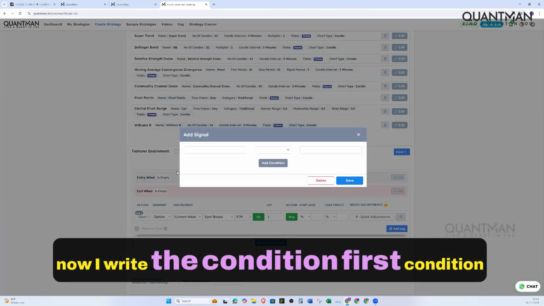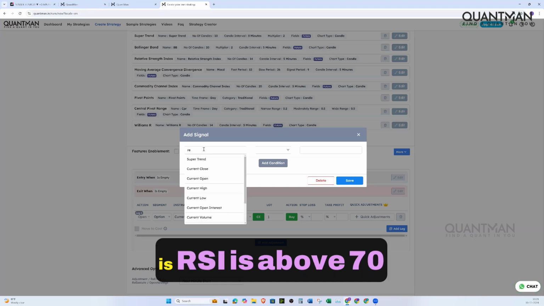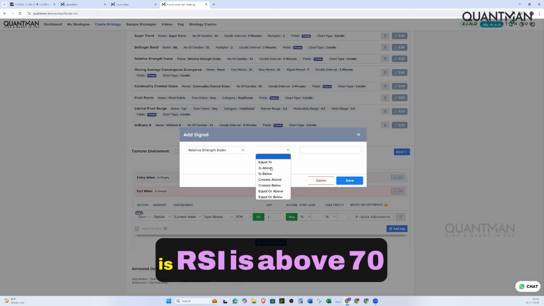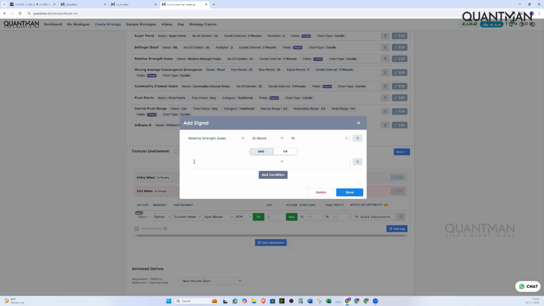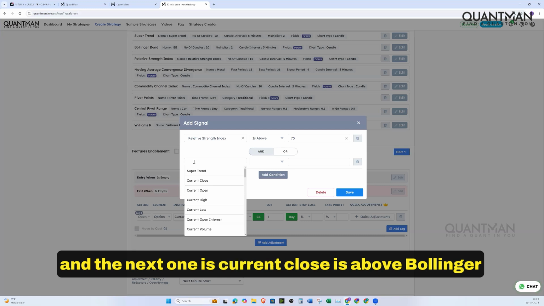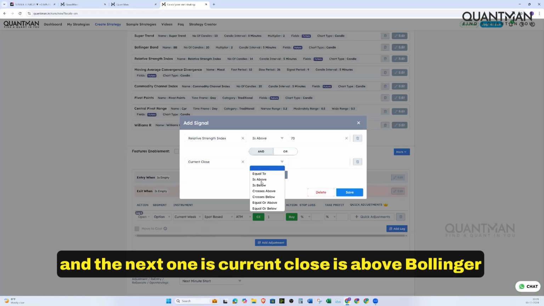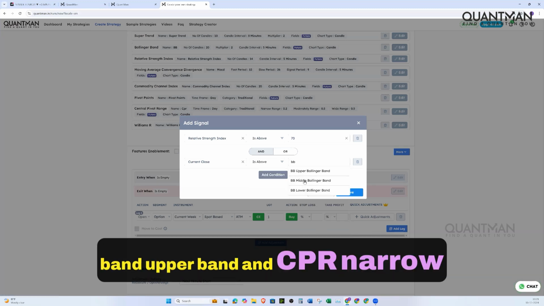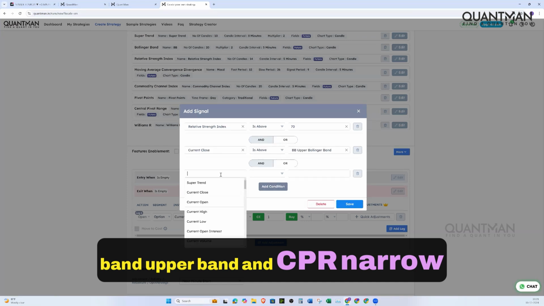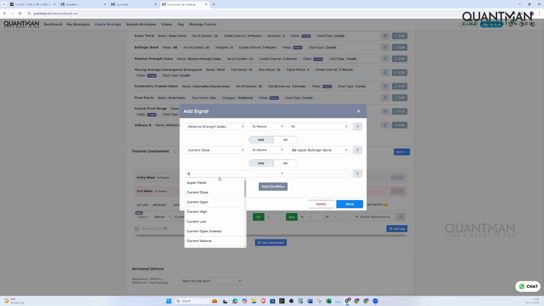Now I write the condition. First condition is RSI is above 70. And the next one is current close is above Bollinger Band upper band. And CPR narrow.